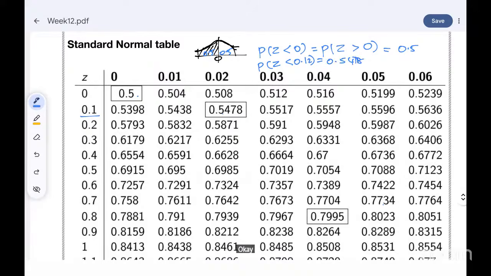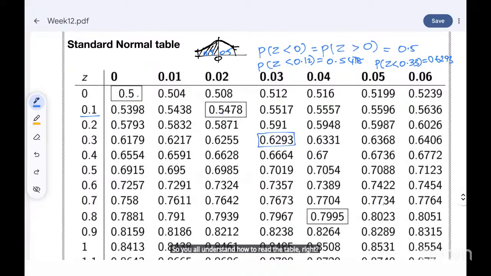Can you all look at the table and try to read the value of probability of z less than 0.33? 0.6293. Yes, 0.6293. So you all understand how to read the table, right?